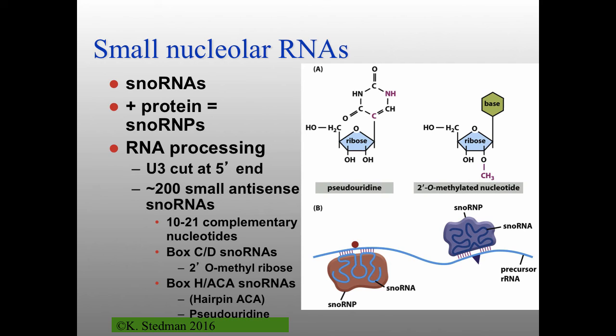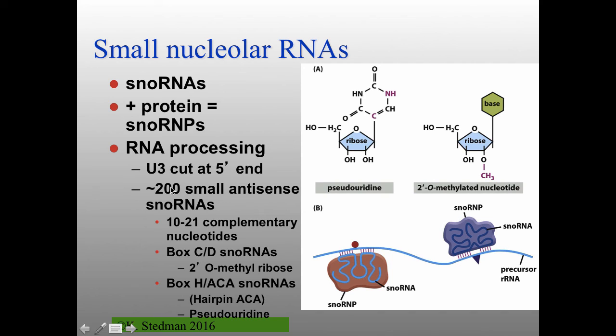In the case of the snoRNAs, these are binding to the ribosomal RNA at a specific sequence, leading to a modification. Here, the modification is pseudouridine. Here, the modification is O-methylribose. A number of people ask me, what do I mean by these box CD and box HACA? Box CD just means a conserved sequence which is present in all of these different snoRNAs. Why are there a whole bunch of different snoRNAs?